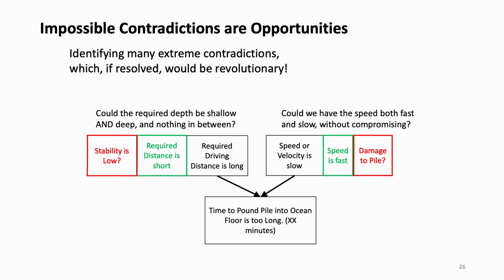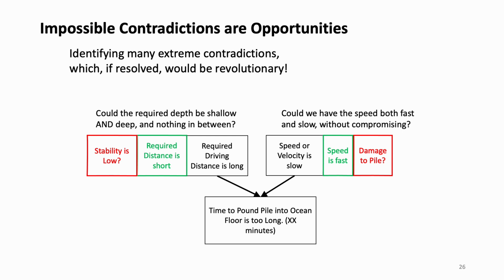However, if I make it really short distance, perhaps the stability would be low. So I want it to take a long time so that stability is greater, but I want the distance to be short so the time to go in is shorter. So could I get the required depth to be shallow and deep with nothing in between?